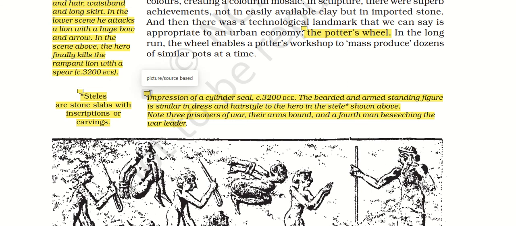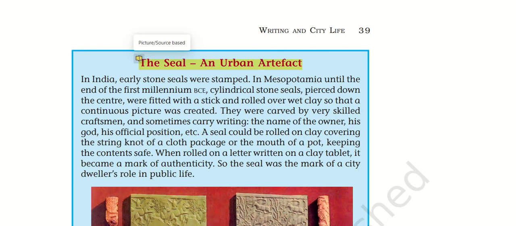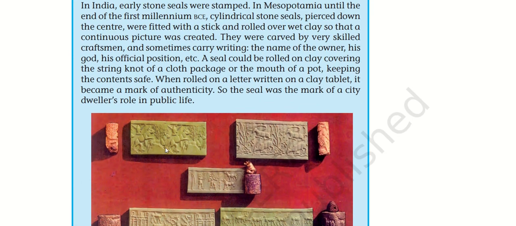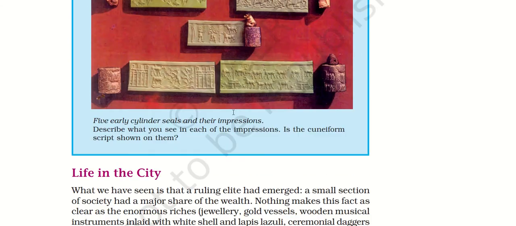And again, you have a picture or a source-based question. Another picture or source-based question. You could be shown this picture. What is it? And questions could be asked based on even this content.